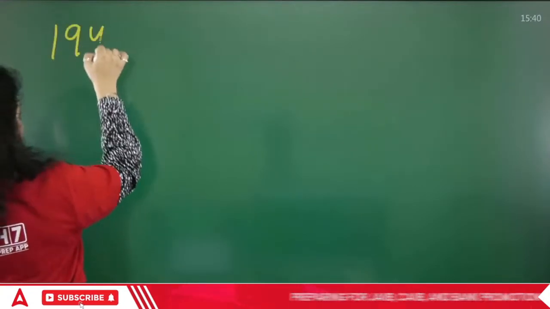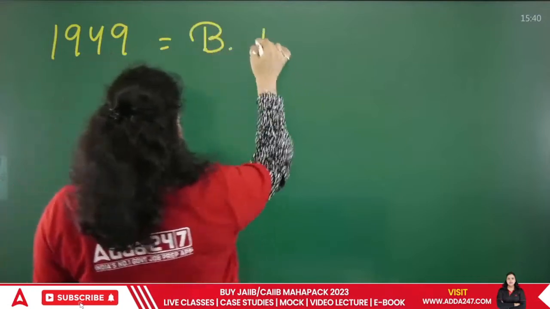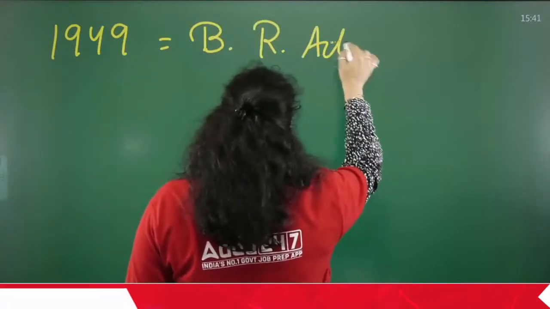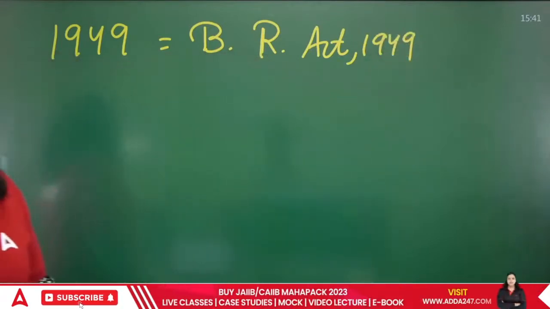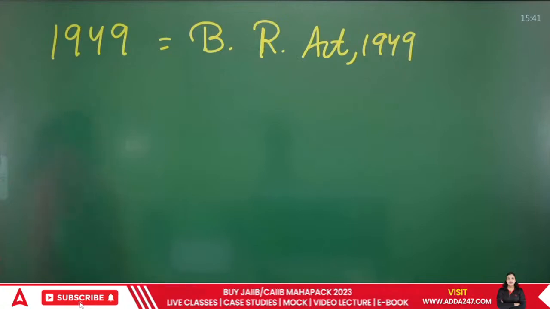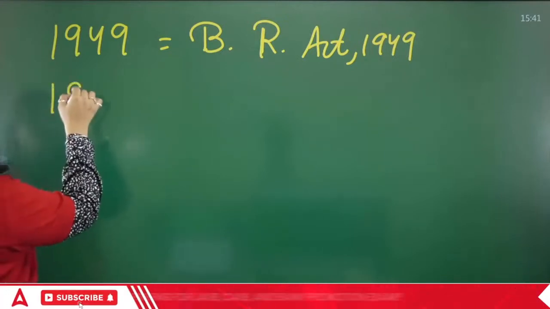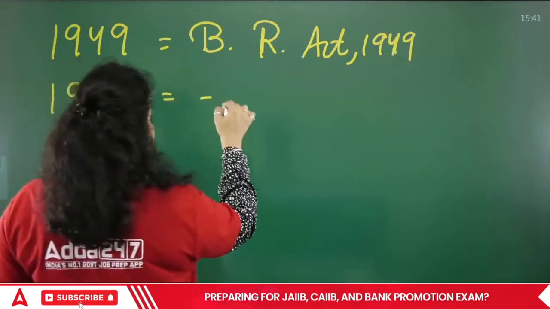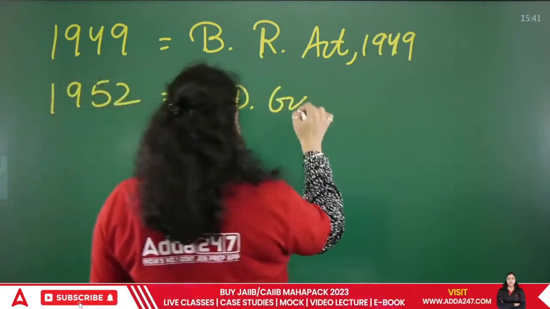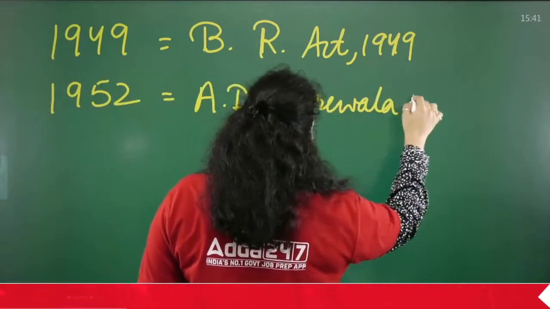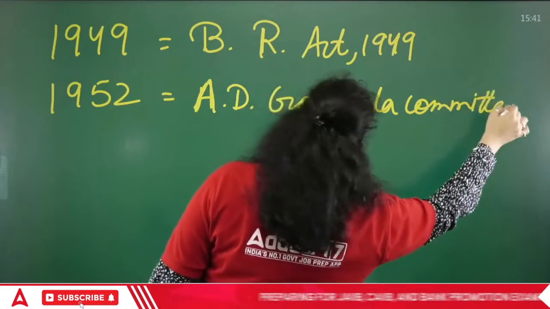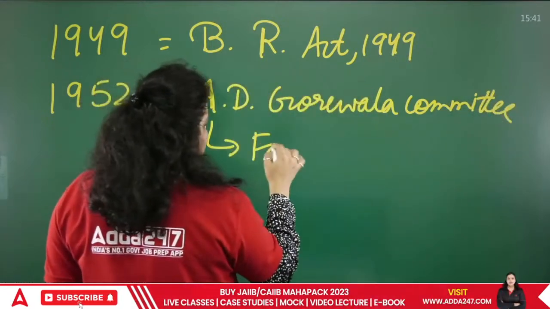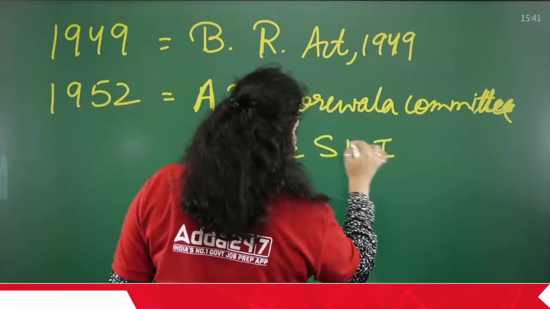Now, apart from that, this is the RBI's history. In 1949, one important act was passed: the Banking Regulation Act. This Banking Regulation Act used to be known as the Banking Companies Act, but now it is the Banking Regulation Act. After this, the next important year is 1952, in which one particular committee, the A.D. Gorewala Committee, was introduced for the establishment of SBI.